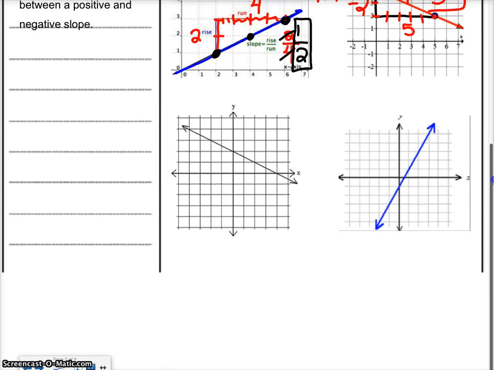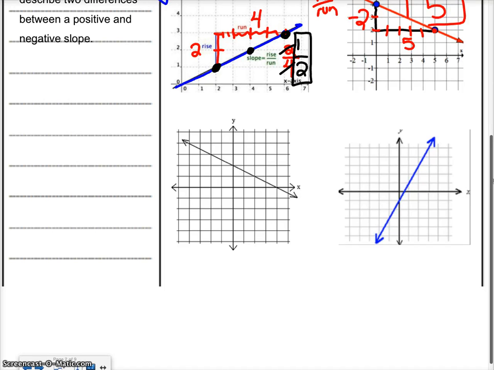Okay, this next example, it doesn't look like I'm given perfect points, so my strategy here, and it doesn't matter which points you pick because you will always get the same slope, is to find 2 perfect points. So I'm going to pick this one and this one. I see a lot of other perfect points, but those are the points I'm going to pick.